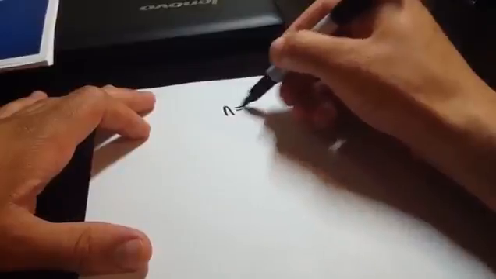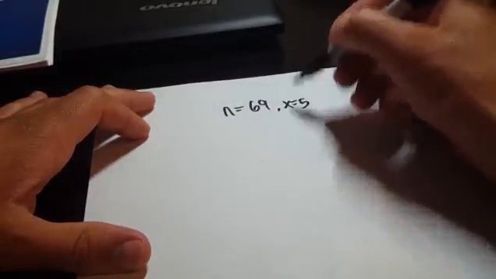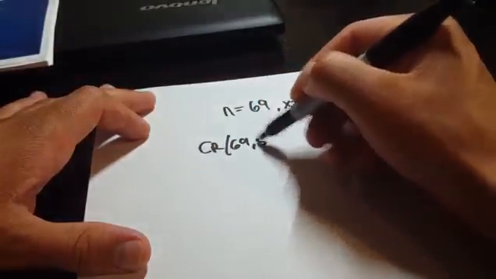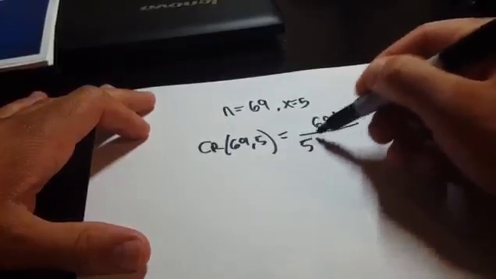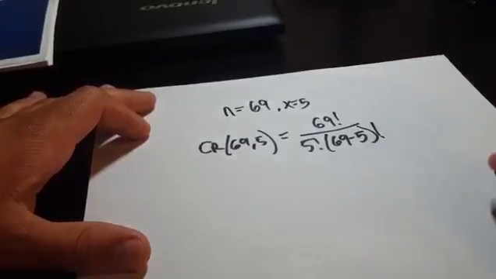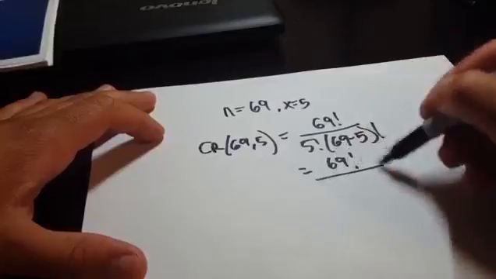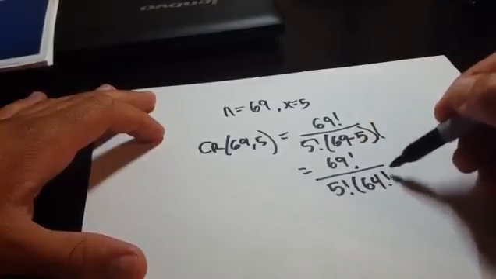Using the equation we just looked at to do the white balls, we're going to take n is equal to 69, x is equal to 5, right? So we're going to have 69 choose 5. That's just going to reduce down to 69 factorial over 5 factorial times 64 factorial.